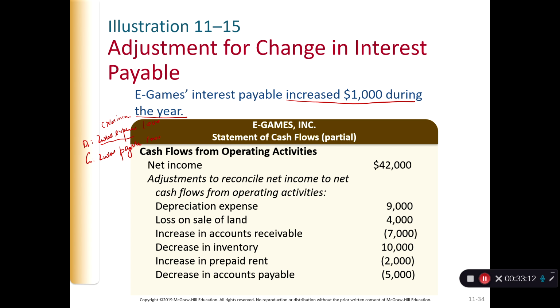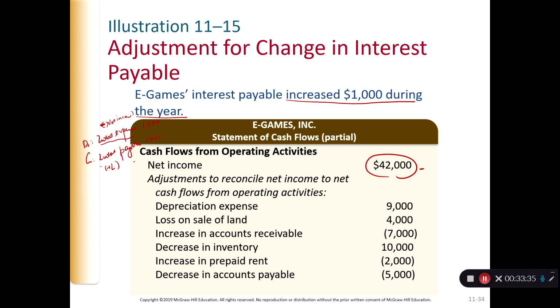This one reduces the net income, but this one increases the liability. So the $1,000 is not paid by cash, but it decreased the $42,000, right? But it has nothing to do with the cash because you record it under the interest payable account.